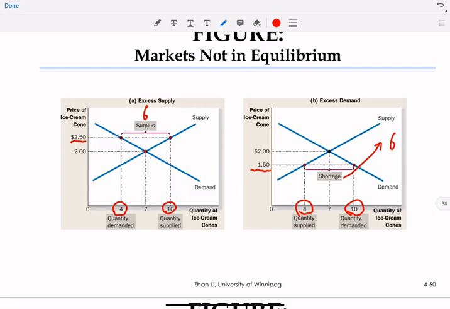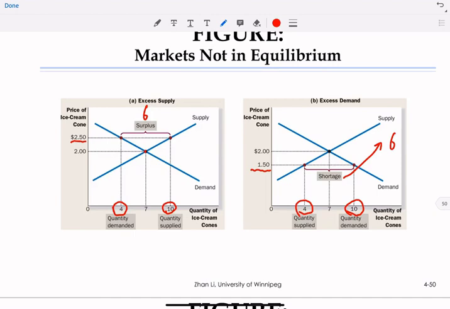Intuitively, this makes sense. If the price is higher than the equilibrium price, the price is too high. Buyers just don't want to buy your products, and a lot of sellers will be happy to sell at a high price. So this will create surplus.